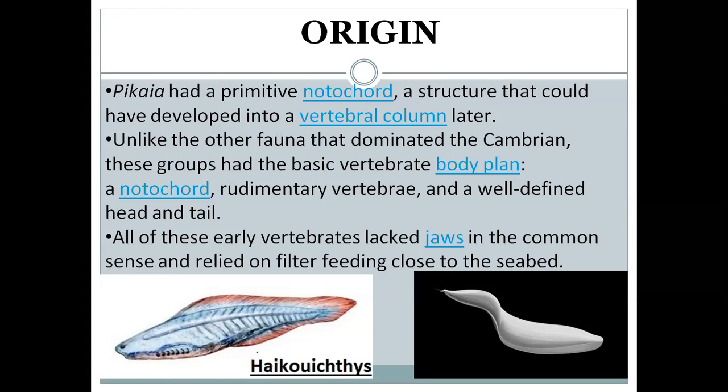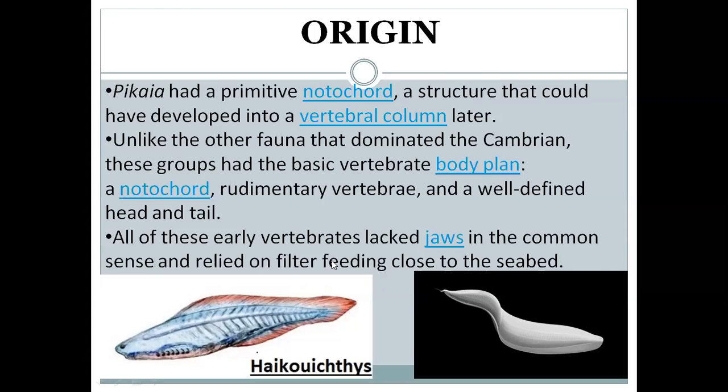So what were the most dominating animals during that period? They also have a notochord, rudimentary vertebrae, and a well-defined head and tail. All of these early vertebrates lacked jaws, so we have placed them in the jawless vertebrates, or Agnatha.